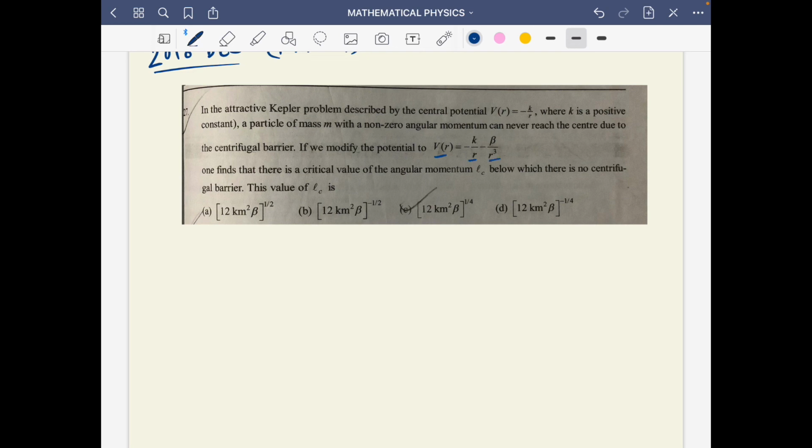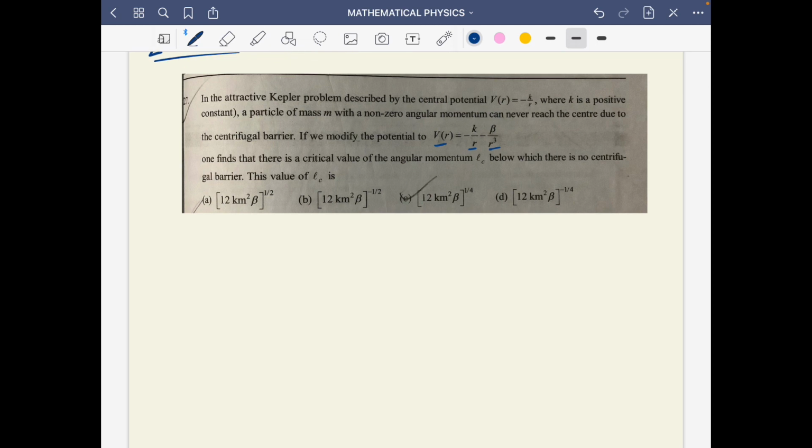So each term has the same unit as potential. Minus k by r will have the unit of potential, and beta by r cube will also have the unit of potential. Since two same quantities can be added and subtracted, this is the only concept that is being used.